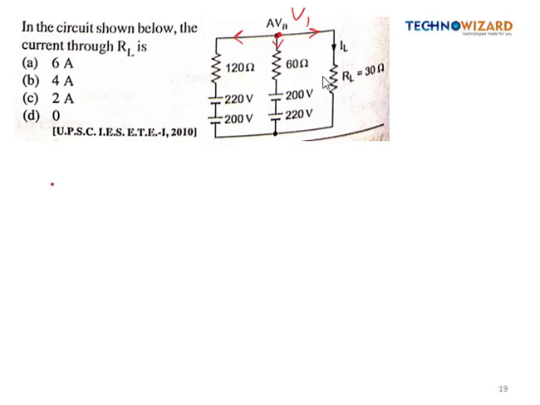So when we write the nodal equation, it will be V1 minus 220, because this 220 volt is opposing the nodal current, as it will deliver the current in this direction.